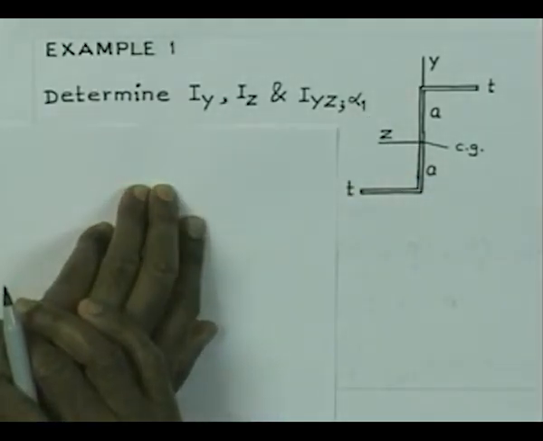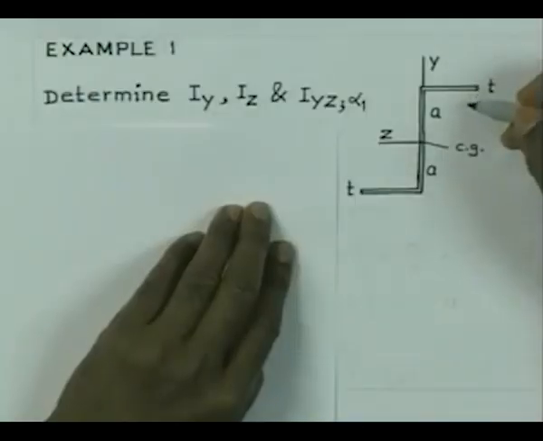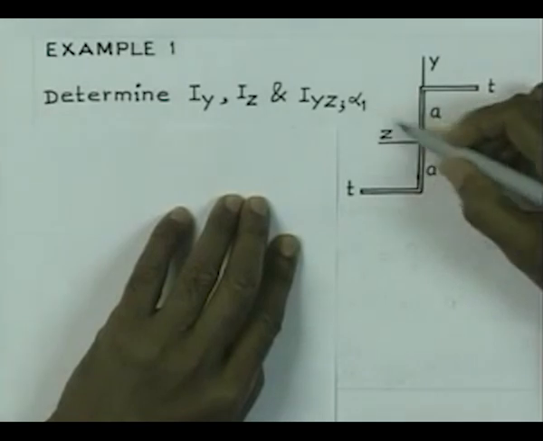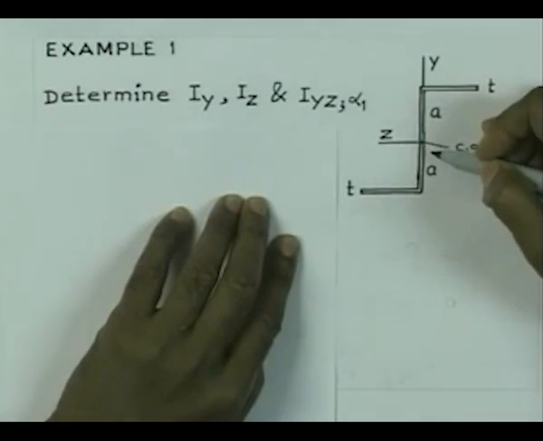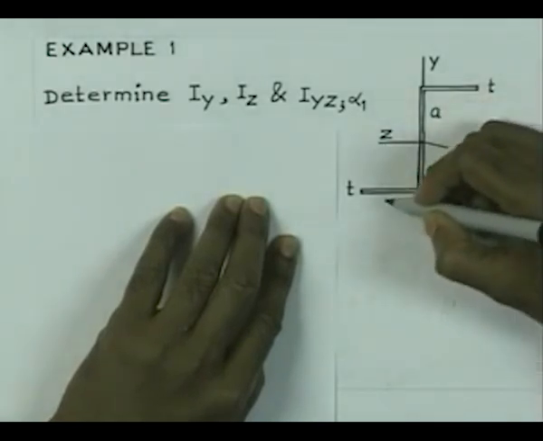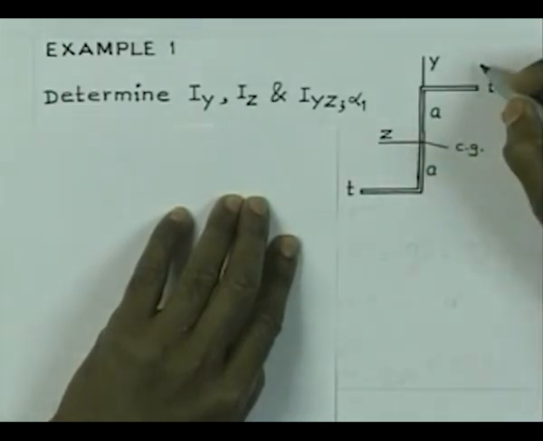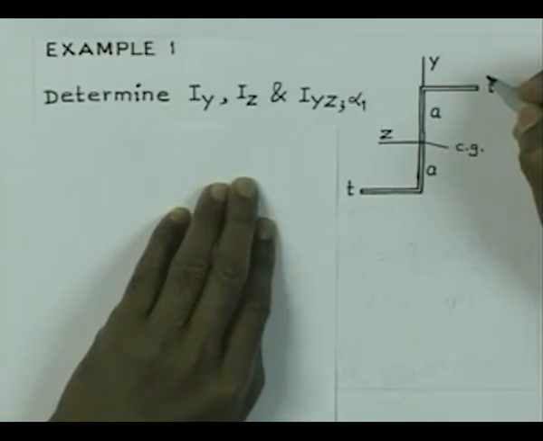Now, you should be able to have some guess about the principal directions. Let us look into the figure again. You see here, this is a cross section, we have to find out the two directions for which the product moment of inertia should be 0. Now, obviously, we must have the orientation such that some of the portion of the section should lie in the positive segment and some of the portion should lie in the negative segment, then only it is going to work out.